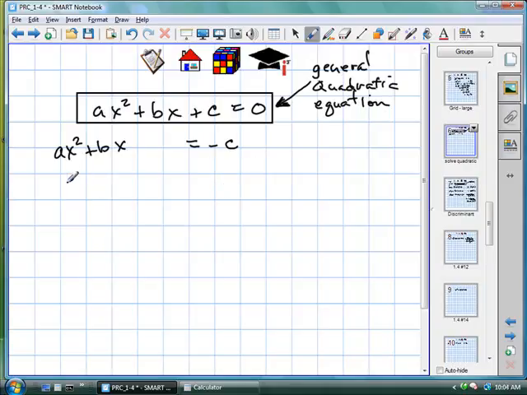I divided both sides of the equation by a. Does everybody see that this is where I would arrive?